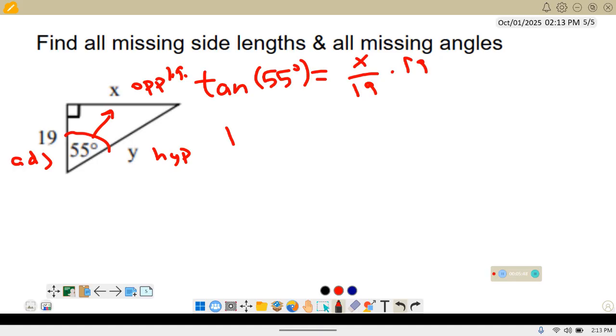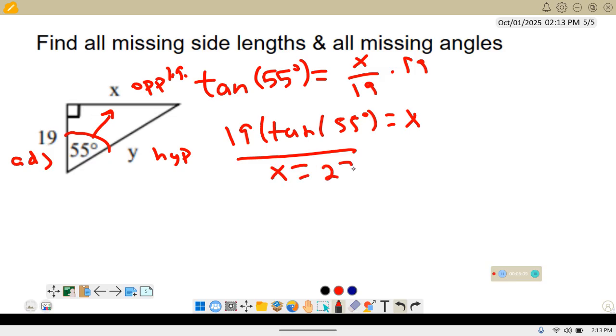So I have 19 times tangent of 55 degrees is equal to X. And I'm going to put that into my calculator. 19 times tangent 55 degrees, just like it looks right here. And I get that side X is equal to 27.1.